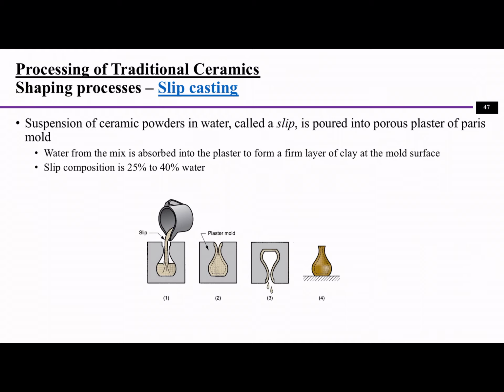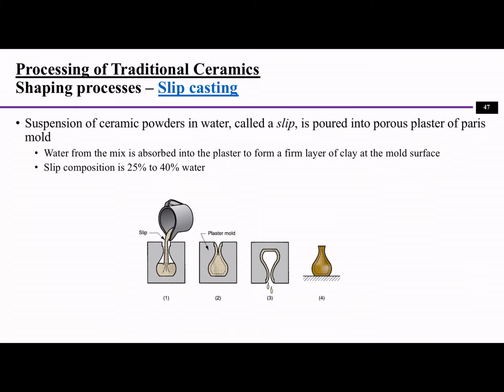First, slip casting. A suspension of ceramic powders in water is called a slip, and we pour that slip into a porous plaster of Paris mold. You can see from picture 1, we pour that into a mold, and then it will start to form a layer at the surface of the mold, and then we pour the extra slip out.